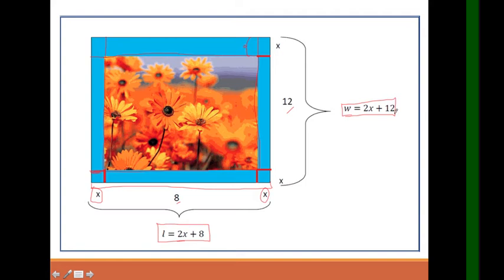So, ang gagawin natin ngayon ay hanapin kung ano ang value ng x, at ano ang width ng ating path, no?